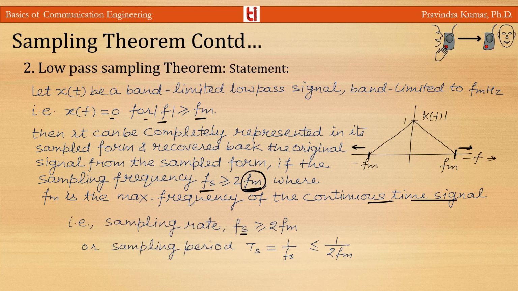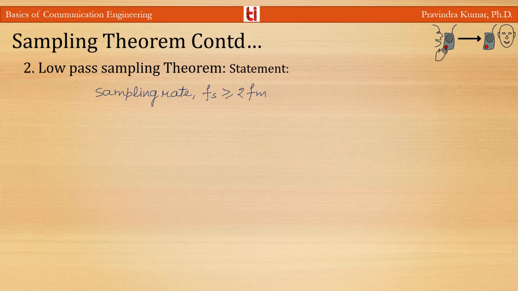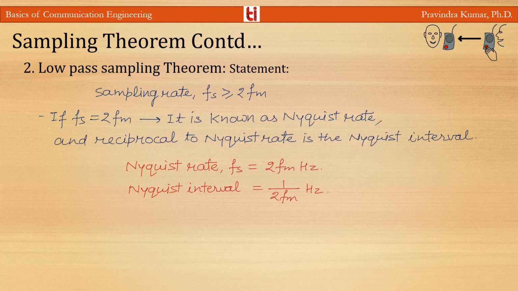So here the sampling rate fs can be greater than or equal to 2 fm, or the sampling period Ts = 1 by fs will be less than or equal to 1 by 2 fm. If the sampling rate fs is equal to twice the maximum frequency of the given signal, 2 fm, then this is known as the Nyquist rate, and the reciprocal of the Nyquist rate is the Nyquist interval.